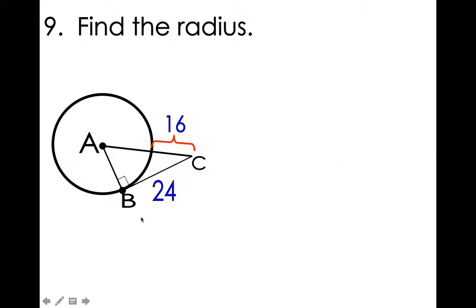All right, so now let's look at number 9. When we look at number 9, I give you a chance to copy that down.